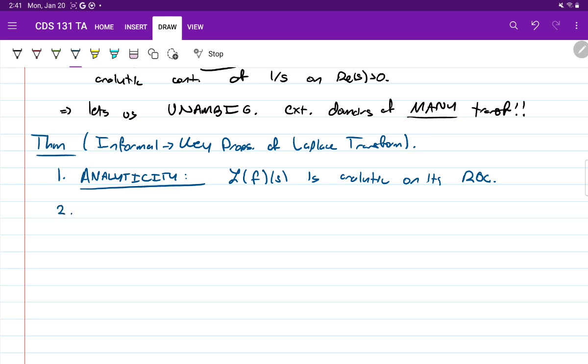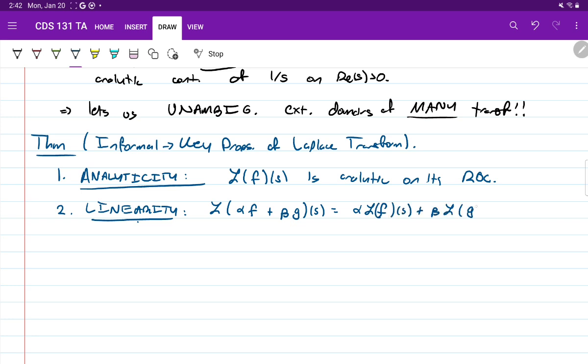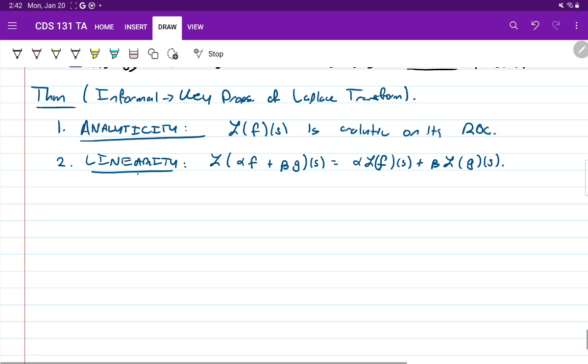All right, so second property is linearity. All right, so this just says that, because a Laplace transform is defined via an integral, it's going to be a linear transform, right? So if I take L of alpha f plus beta g and s, then what I get is alpha L of f of s plus beta L of g of s, okay?